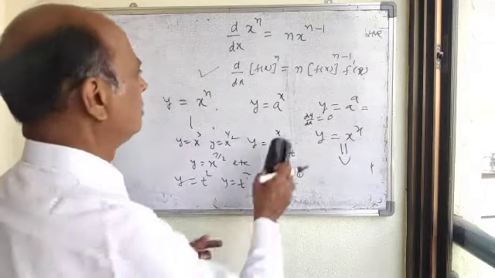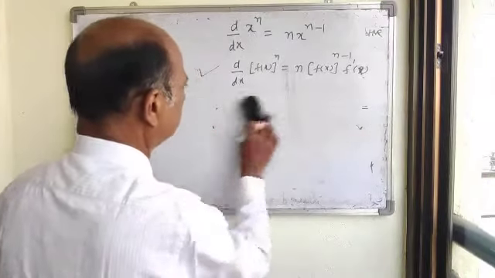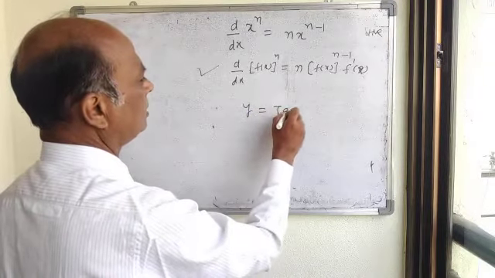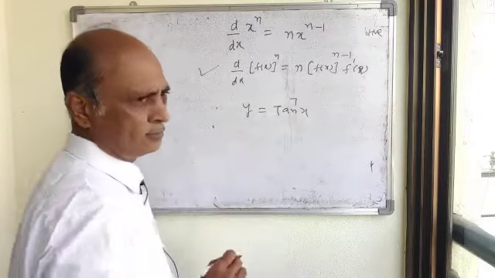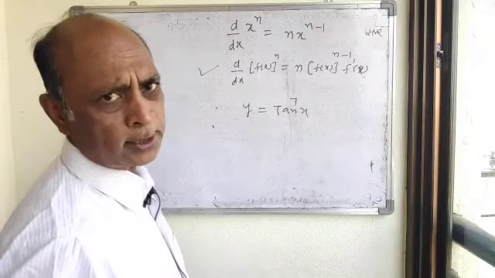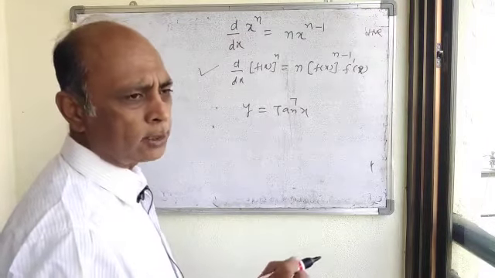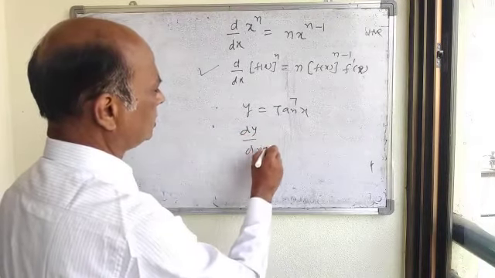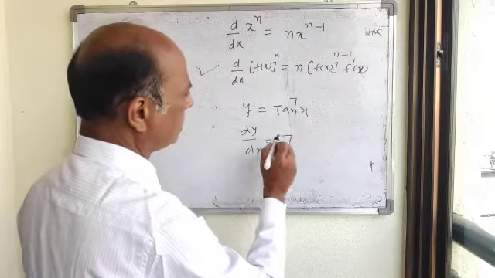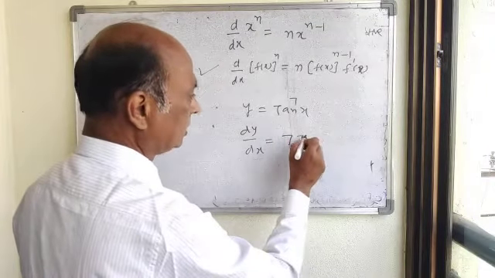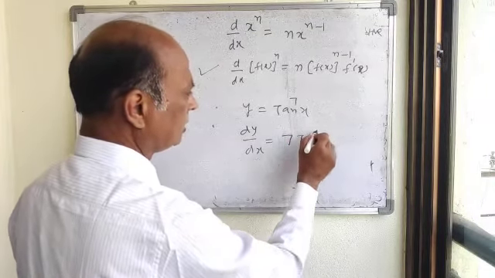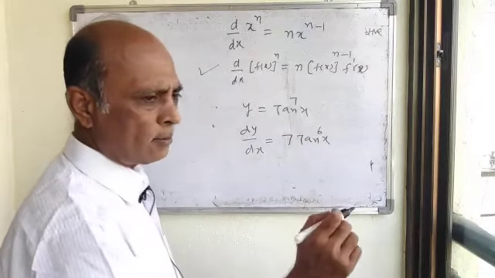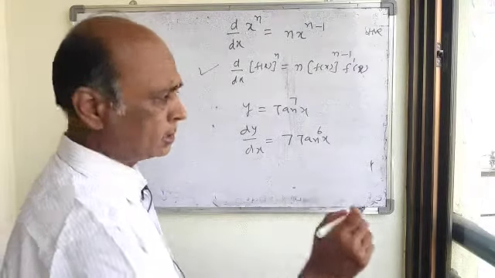For example, see, suppose we have to find y is equal to tan to the power 7 of x, and we have to find its derivative with respect to x. So dy by dx is equal to 7 times tan x to the power 6, and now we have to multiply by the derivative of tan x, that is sec square x.